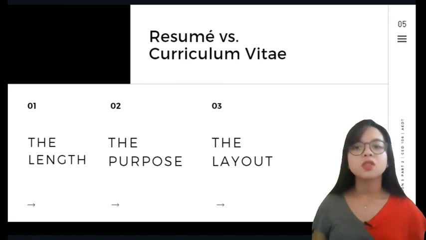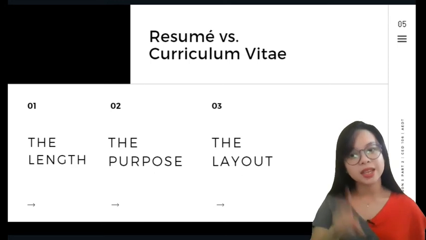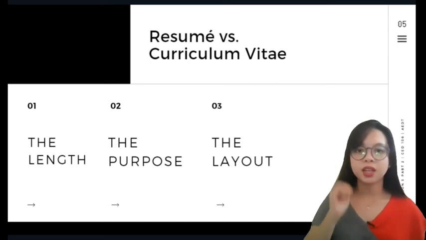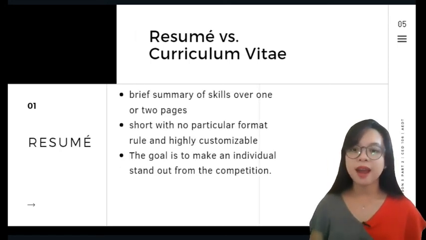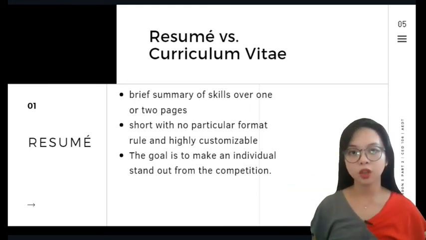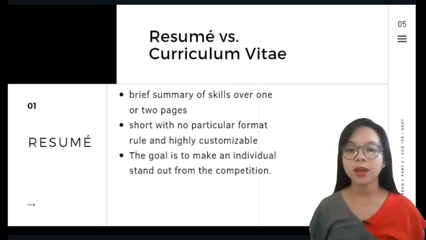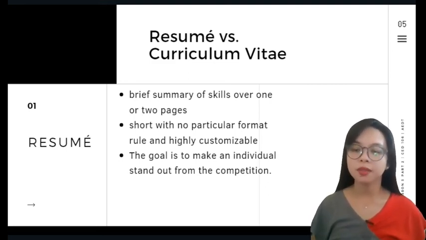Let's see. So, what are the differences between a resume and a curriculum vitae? First is the length, second is the purpose, and third is the layout. How do they vary? The resume is just a brief summary of skills over 1 or 2 pages. This is a short document with no particular format rule and highly customizable depending upon the employee.